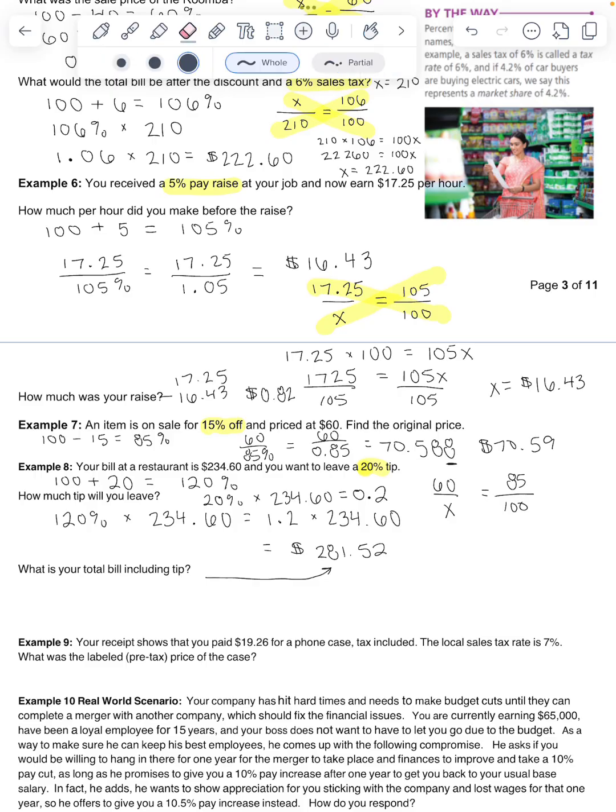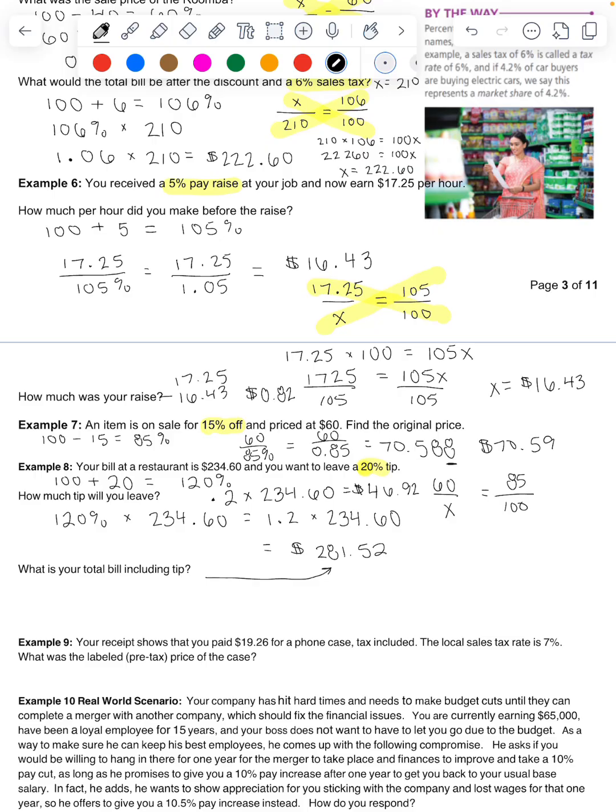So I'll just rewrite it since I'm kind of running tight on space here. We've got 0.2 times 234.60. And I get that I'm leaving a tip of $46.92.